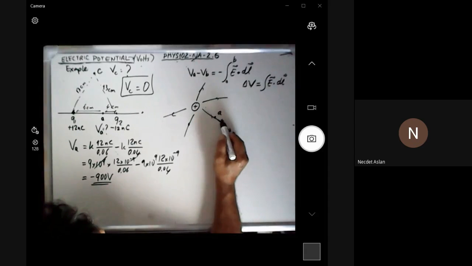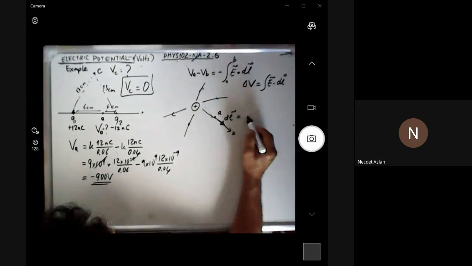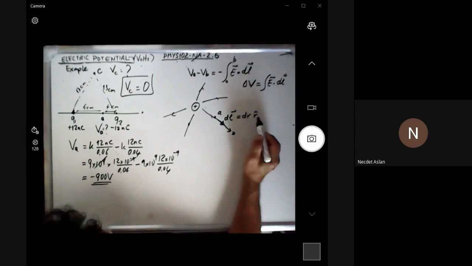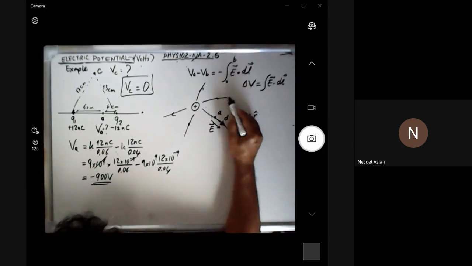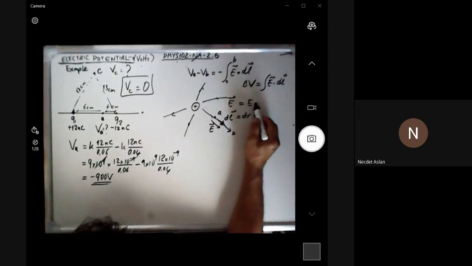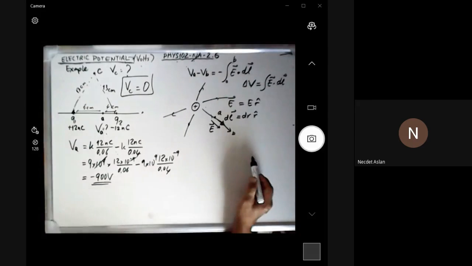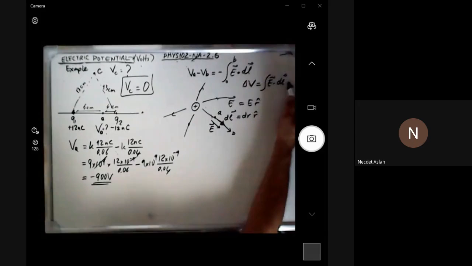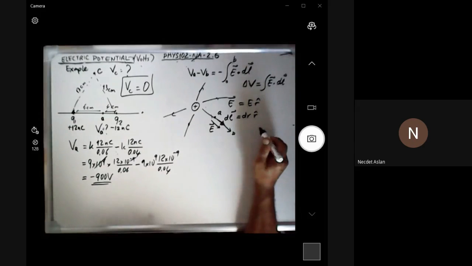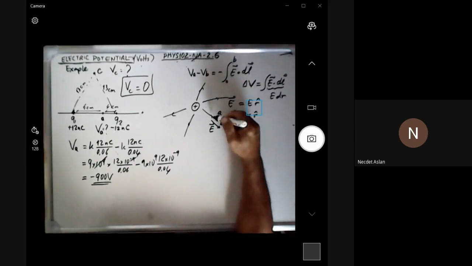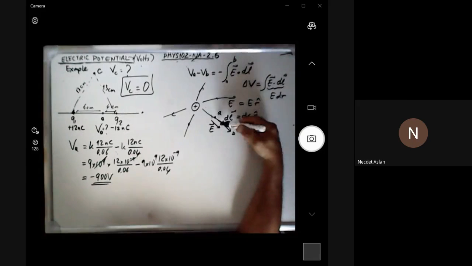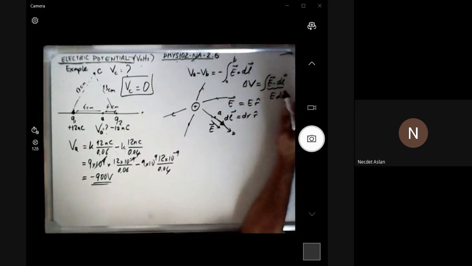And dL vector is written as dr times r unit vector, and the electric field is also written as a vector E times r unit vector. So E dot dL is just E dr, because both vectors are parallel to each other, so their dot product gives simply this result.